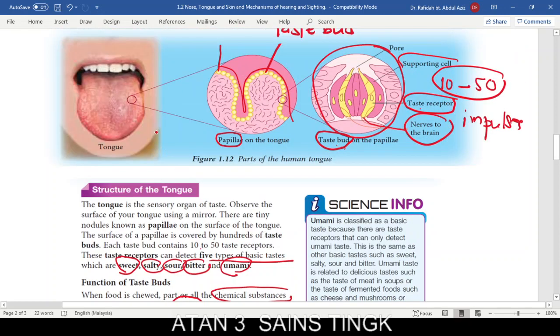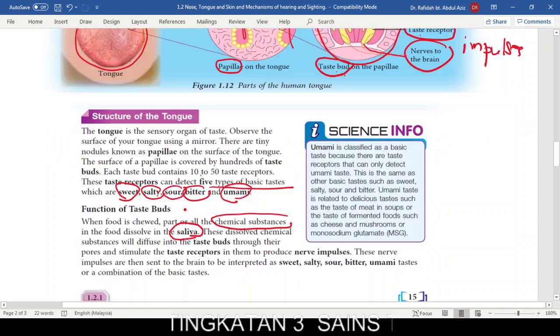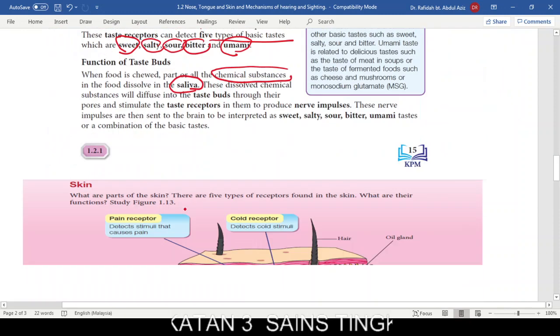At the surface of our tongue we have different positions of the different taste receptors that will detect the 5 types of basic taste. We will look into that position in the next class.